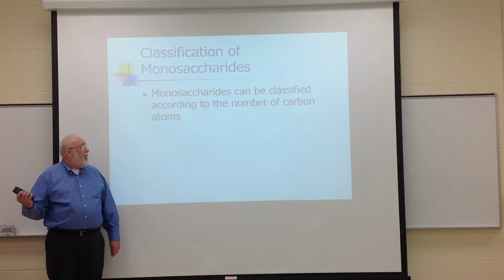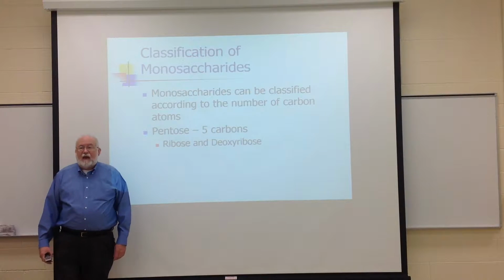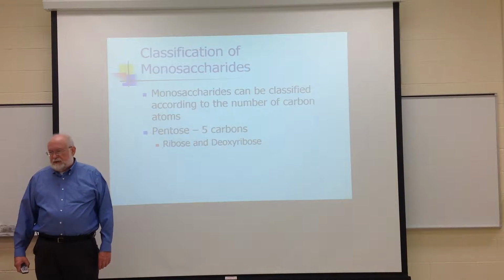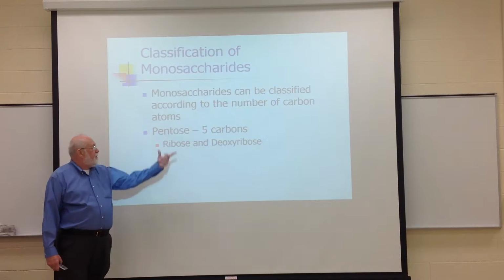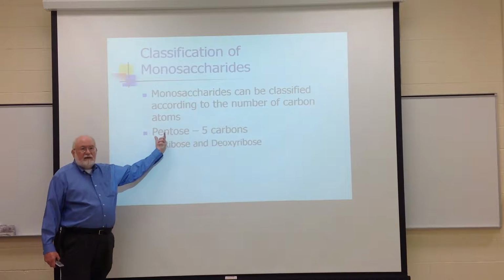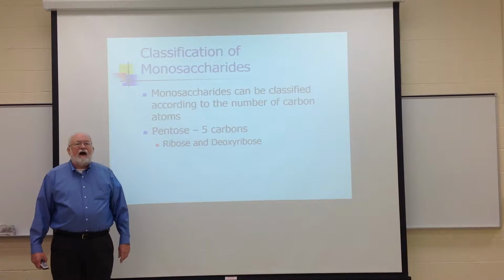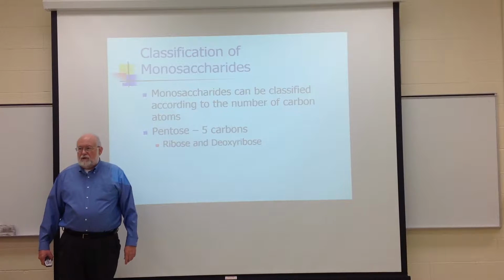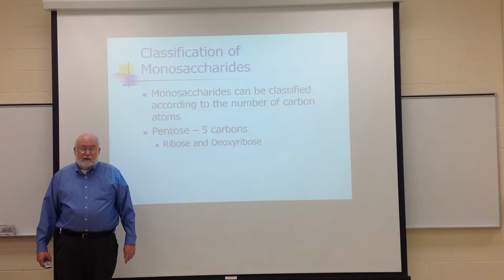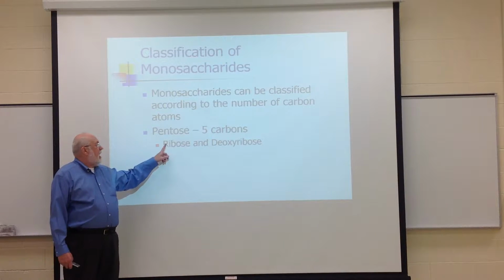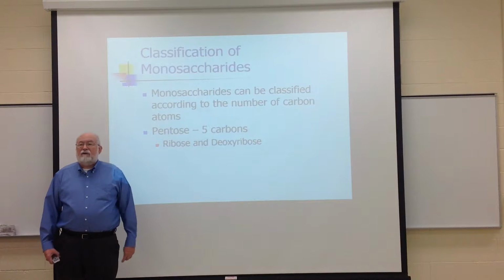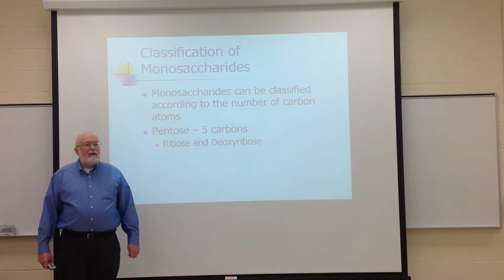And so, we can have what we call pentoses. A pentose. Pent means 5. So, a pentose is a 5-carbon sugar, a 5-carbon monosaccharide. And out of that list that we just had, we have ribose and deoxyribose.